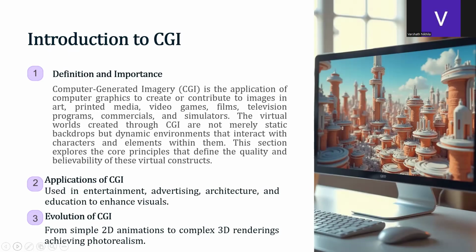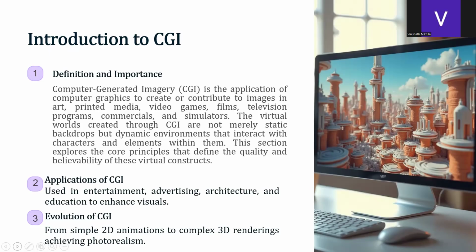CGI has endless applications in entertainment. It is used for everything from fully animated films to subtle background effects in live action scenes. In advertising, it helps create polished product visuals and futuristic scenes.